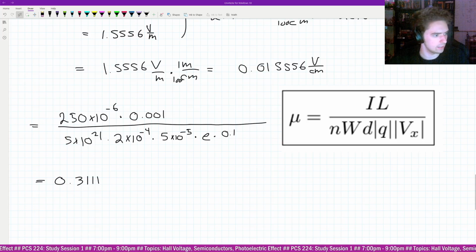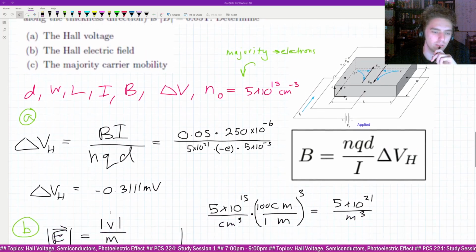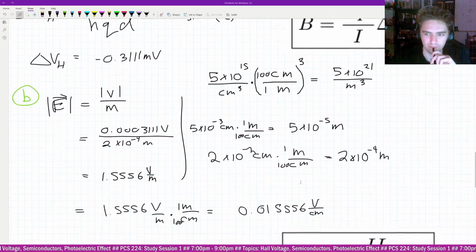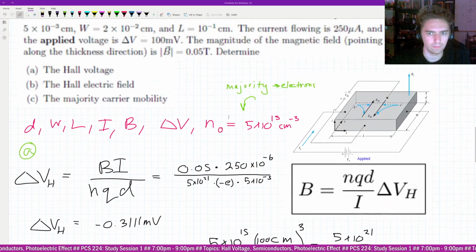Adam. Yeah. Why is it the applied voltage instead of the Hall voltage? Can you talk about that, like where the formula comes from? Yeah, I guess if that's okay. Let's see. I don't know exactly where the formula comes from, but we can look at the slides and see if we can figure it out there. Could you scroll up to the diagram?